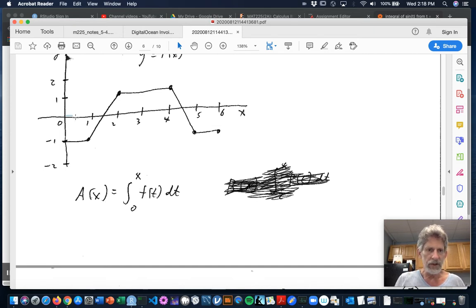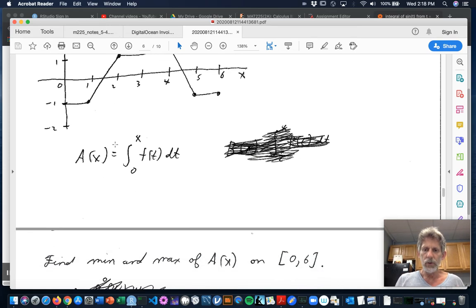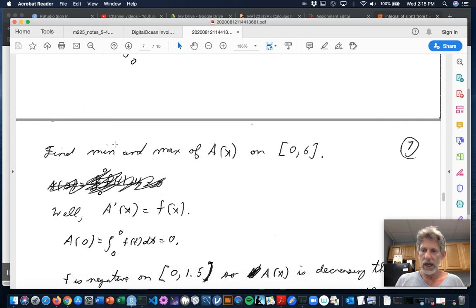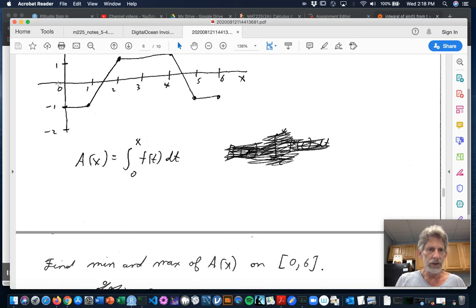From 0 up to apparently 1.5, the function is negative. It's below the axis. And so when you take the signed area from 0 out to some number that is less than 1.5, you are looking at negative signed area.